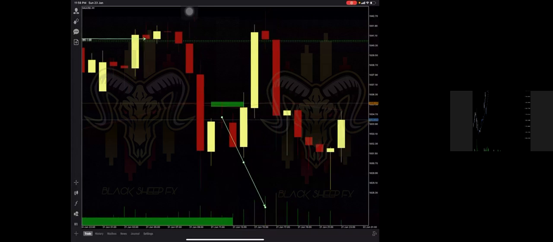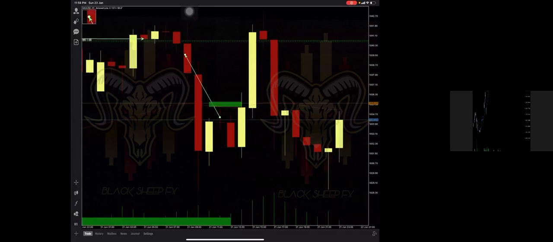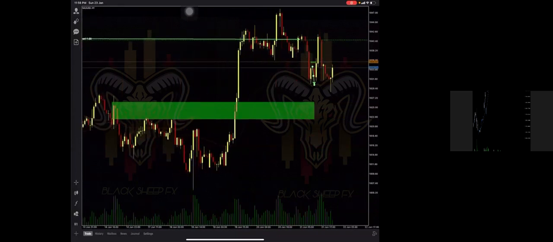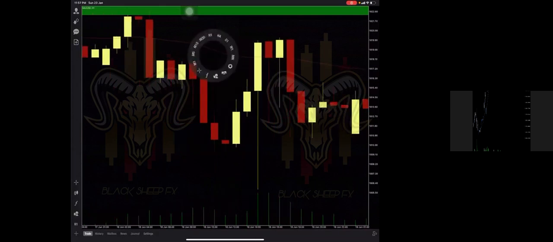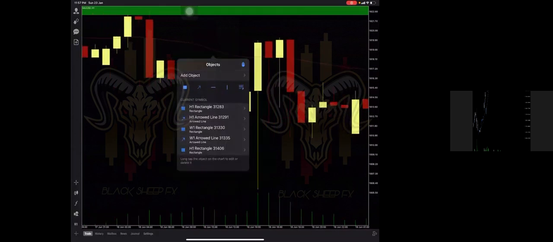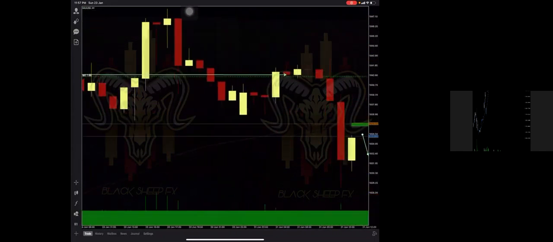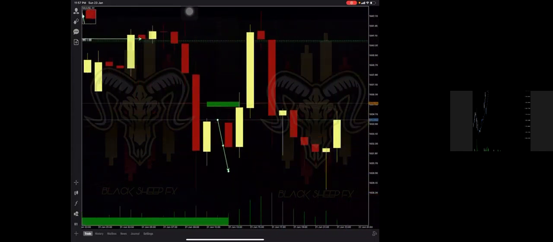For example, one candle, second candle, the third candle goes really hardcore. For example, here, price drops, one candle, second candle, third candle, boom, drop. So this scenario could have happened over here.